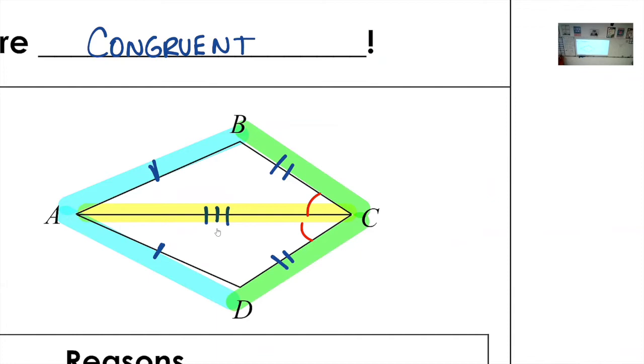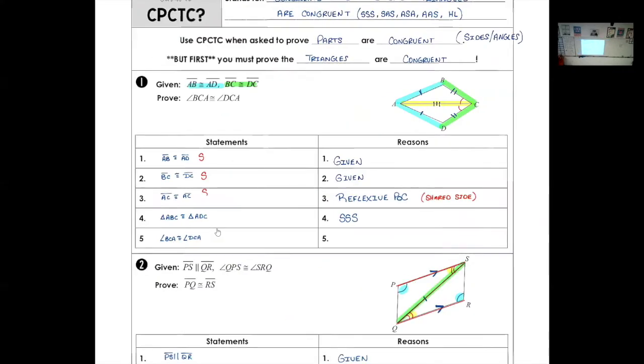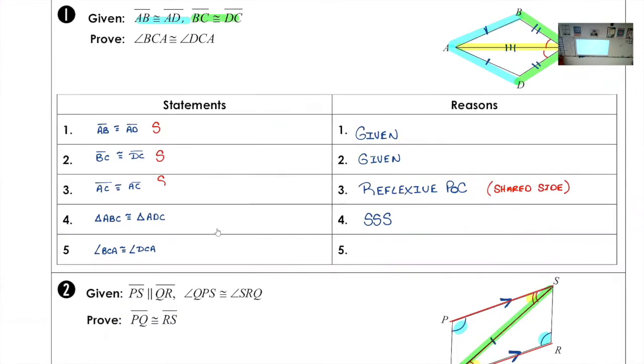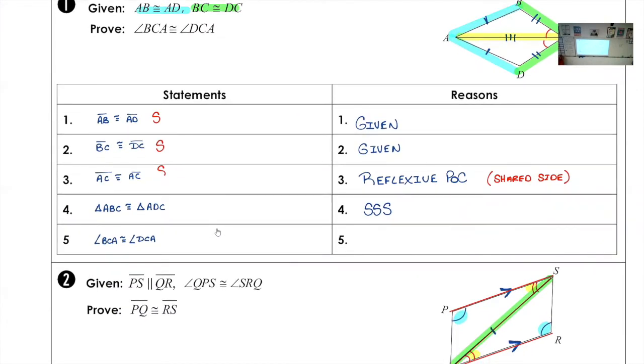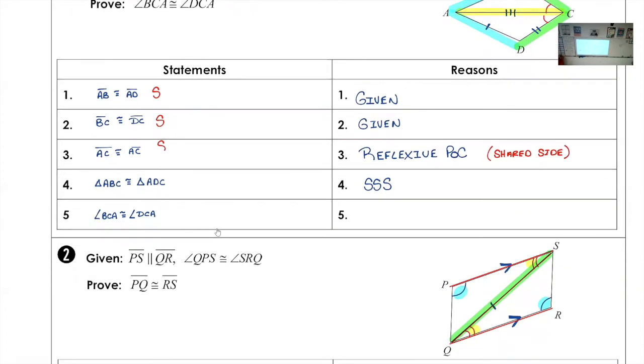But now that our triangles are congruent, are those two angles themselves congruent? Yes. What makes them congruent? Because the triangles are congruent, what do we call that? CPCTC.